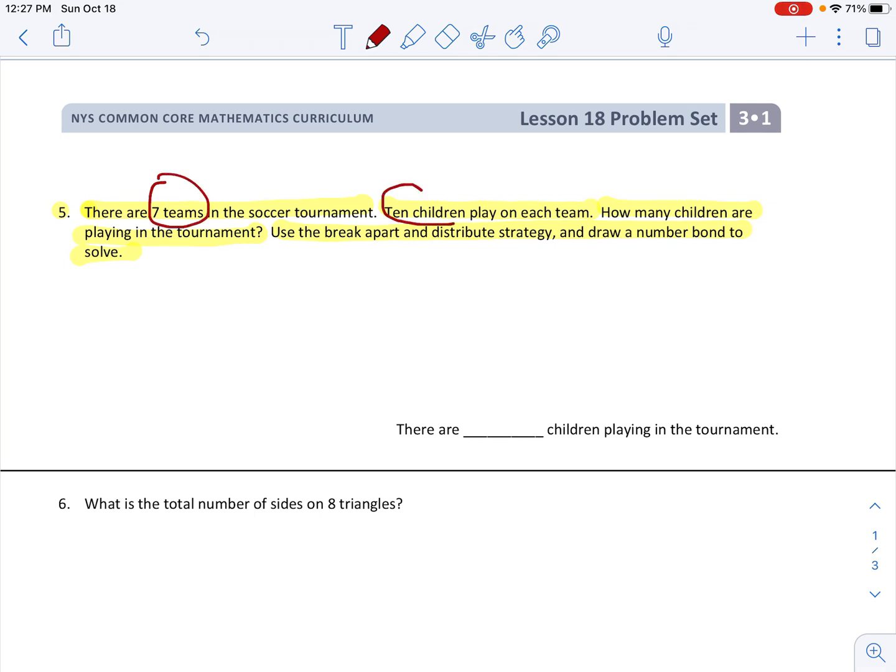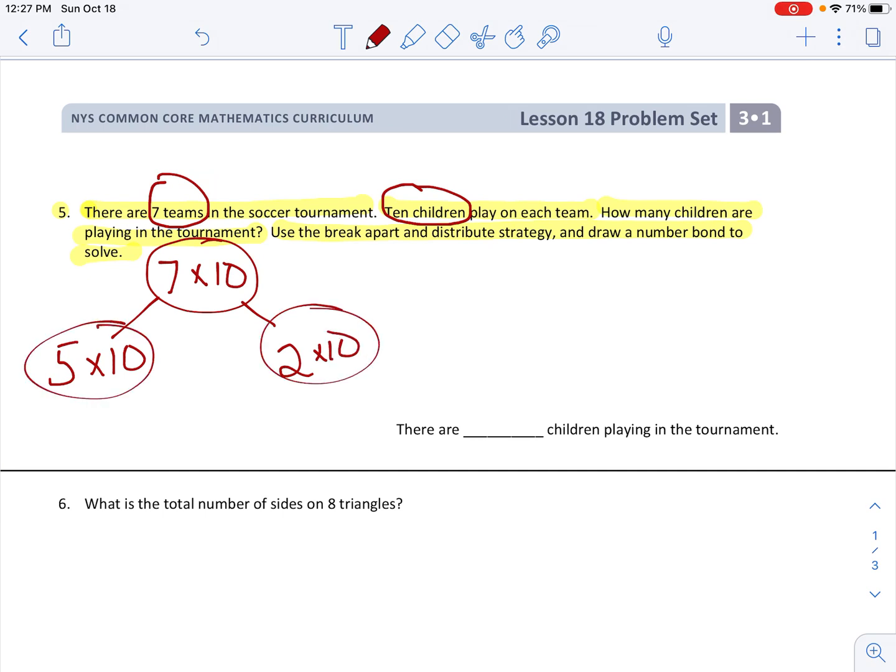So I have 7 teams. I have 10 students on each team. So if I think about it all together, I'm trying to figure out 7 tens, which is 7 times 10. I'm going to break my 7 into a 5 and a 2. 5 times 10 plus 2 times 10.